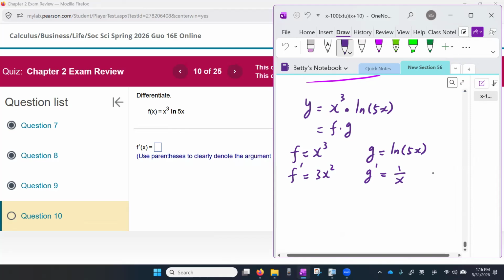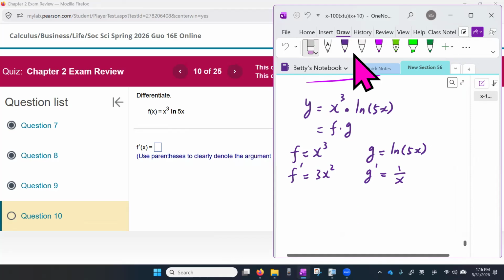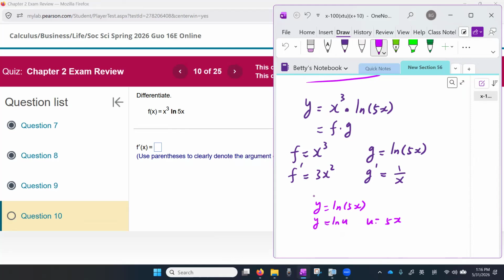How do you know that? For ln 5x, you can use chain rule, okay? I can show you how we do chain rule. If y equals ln u, where u is 5x, dy du is 1 over u, du dx is 5.